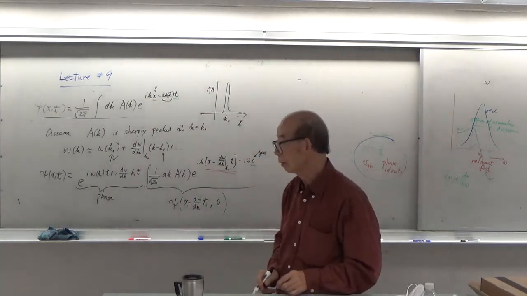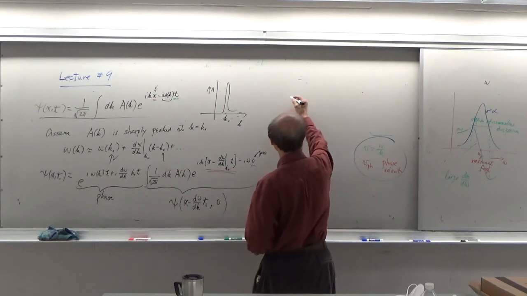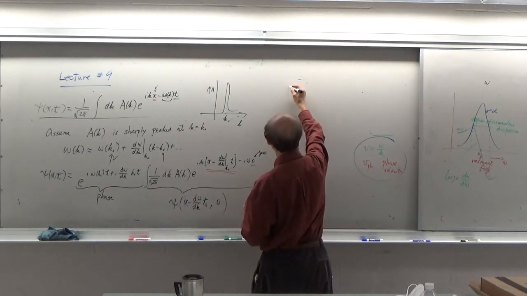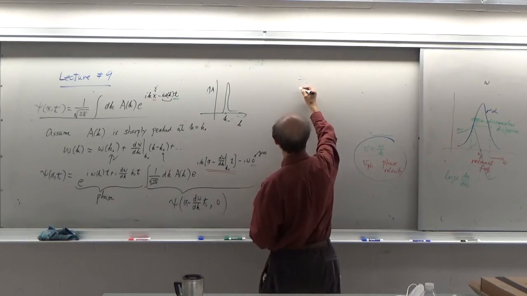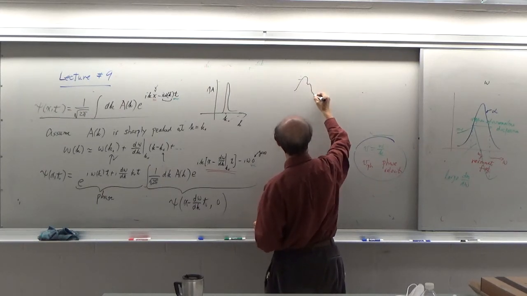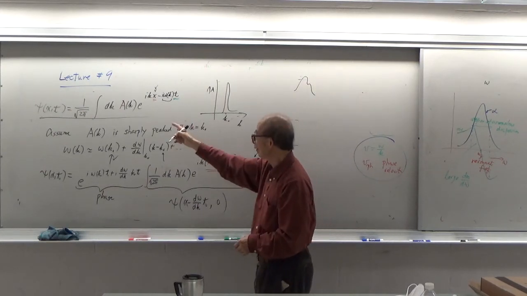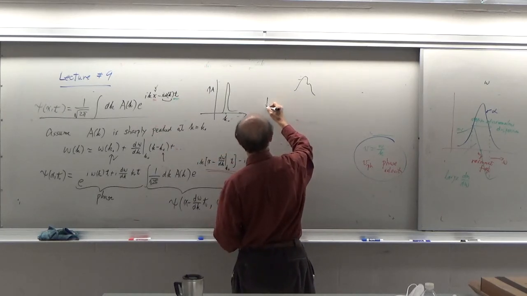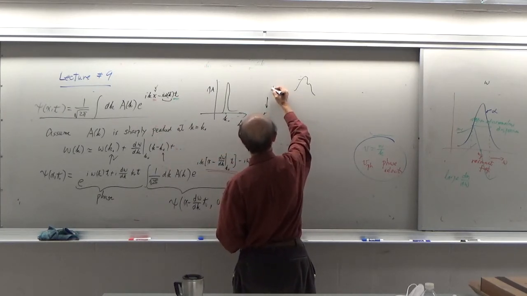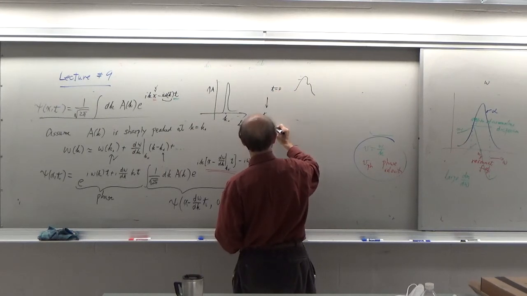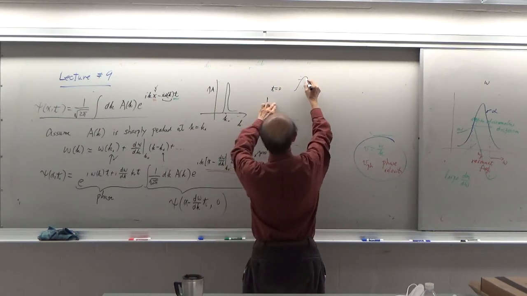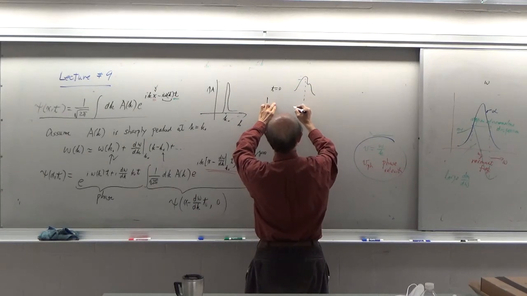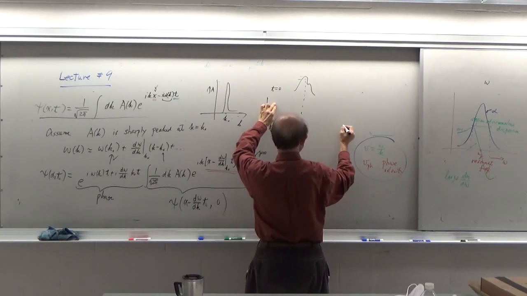What does that mean? Well, let's plot a wave. Say this is the wave for the signal, and the time goes downwards. So t equals 0 and t not equal to 0. At t equals 0, this is a certain location, this is x.